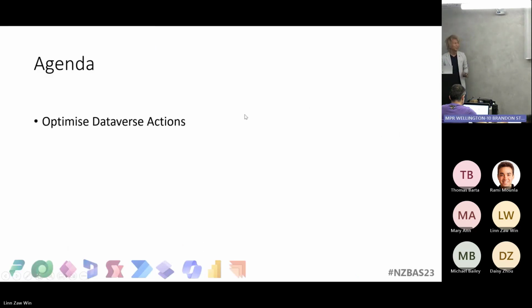Today's agenda: we'll start off with how to optimize the Dataverse actions, more on the trigger and also list rows, and how we make sure we don't do unnecessary updates.